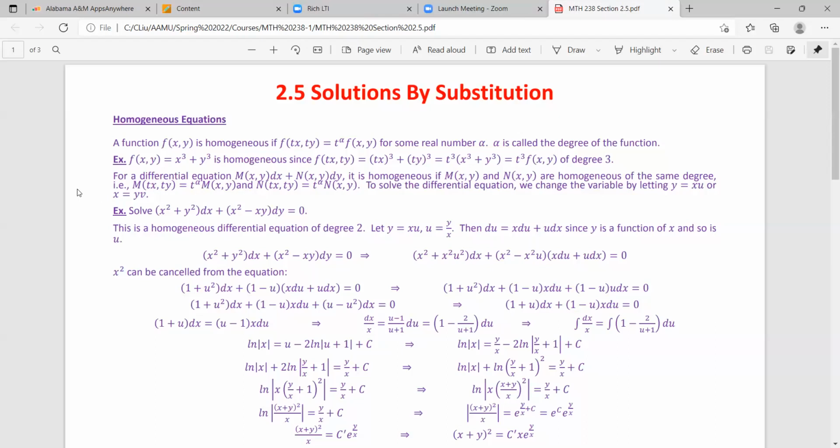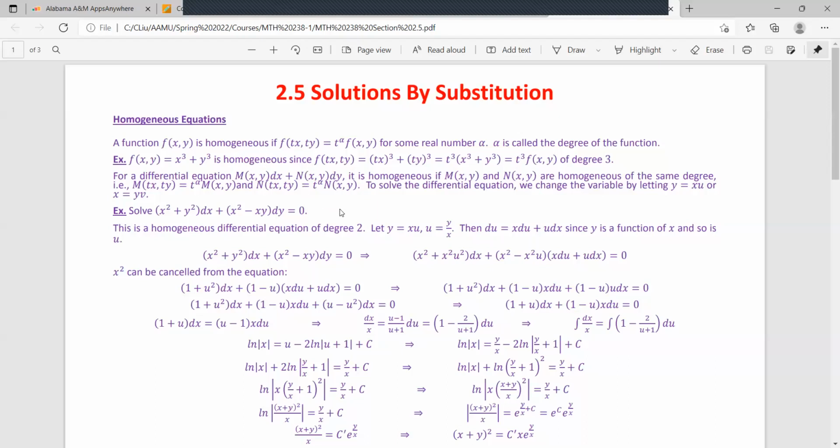Okay, so these functions M and N in the differential equation have to be homogeneous and with the same degree. Then we call this differential equation a homogeneous equation. All right.